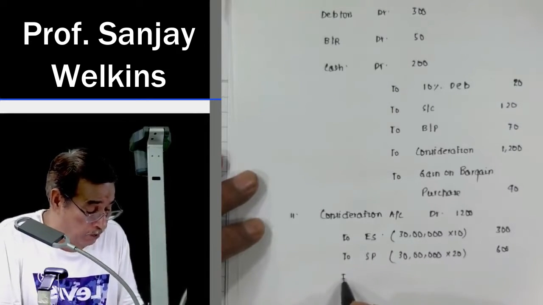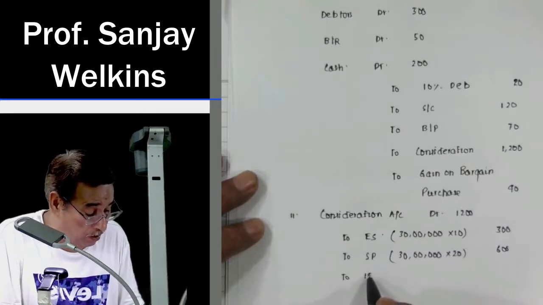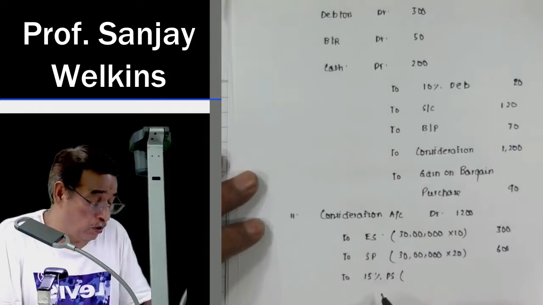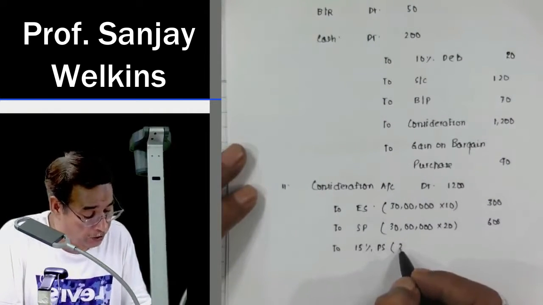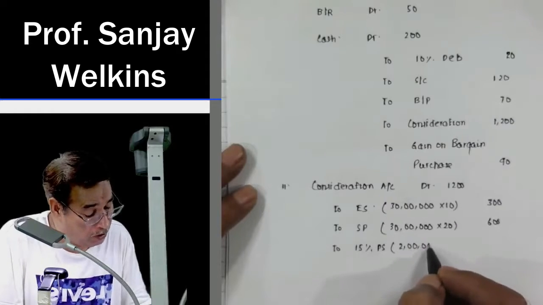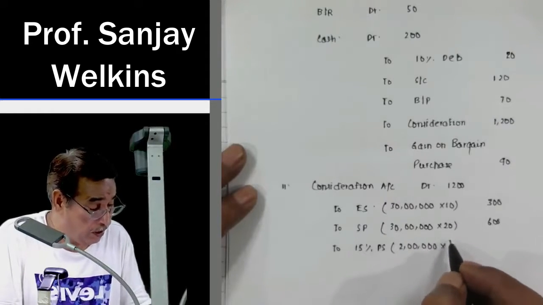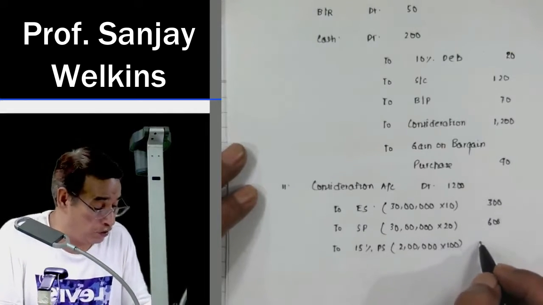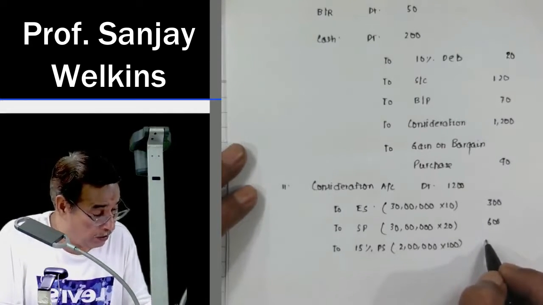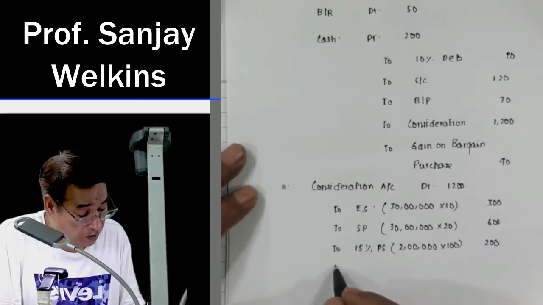Then you made the payment to preference shareholders, 15% preference shares. Total number of preference shares of Y Limited were 2 lakh and you issued an equivalent number of preference shares, 2 lakh. And here you will write 100 because face value of your preference share was 100. So you will write here 200 lakhs.